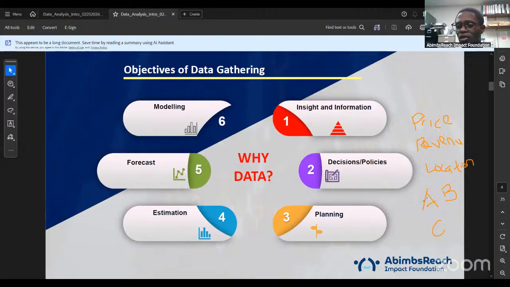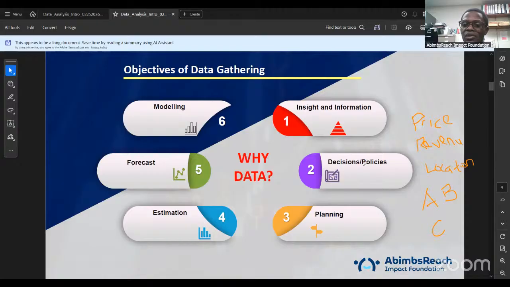I'm now looking at how A differs from B, and how the prices differ between the three locations. In that regard, I can see that in location B my revenue is high, so why? Oh, in location B there are a high number of middle class workers and employees. And I can say, okay, in location B I want to stock more products.